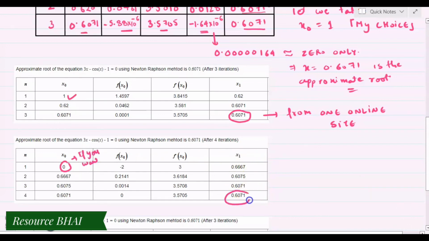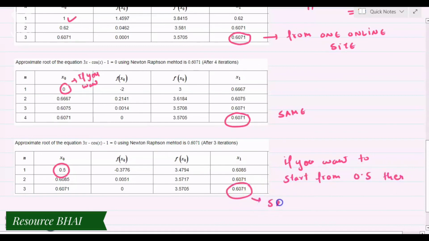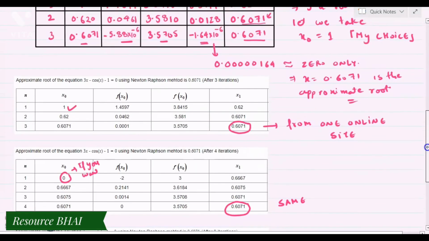You can see that we get the same value, 0.6071, so you're not getting a different value. And if you start from 0.5, again you get the same value. So you can start from this value also. It's up to you. In all three we are getting the same answer.